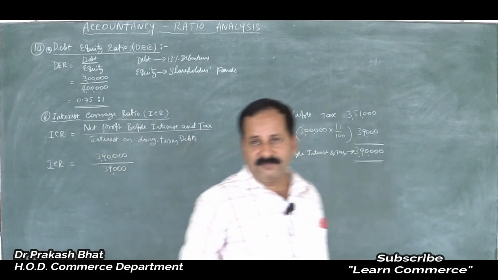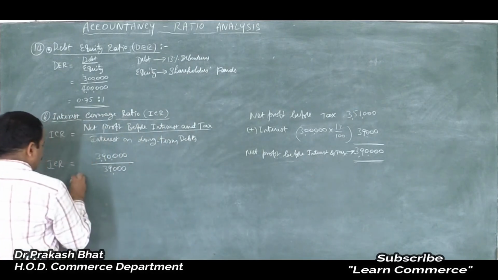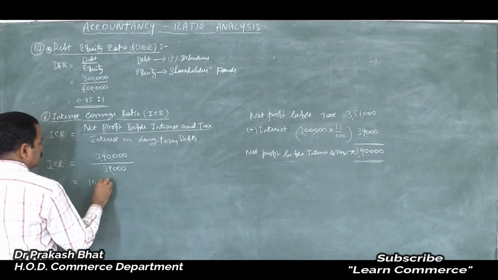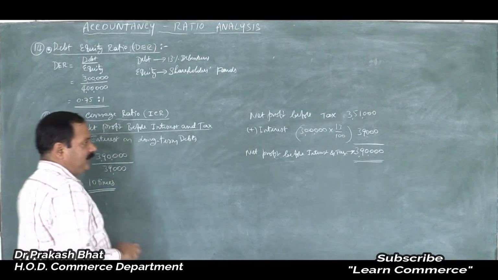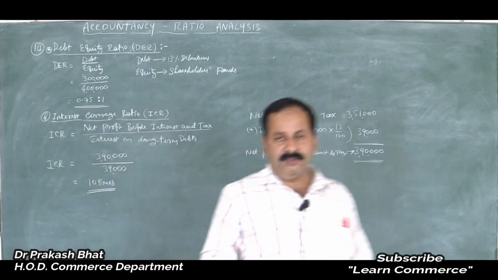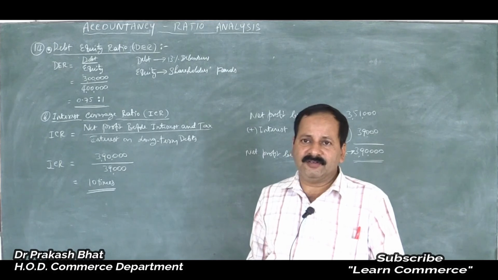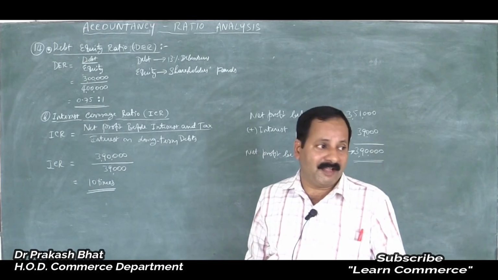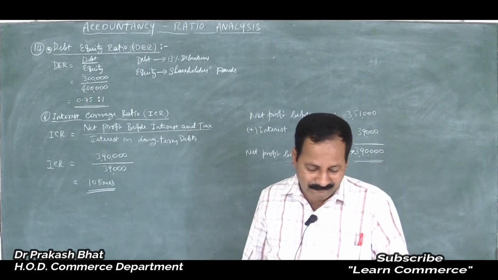Now calculate, that will be how much? Coverage ratio, it is 10 times. 10 times, not 10:1. It is coverage ratio. So it is 10 times it covers. So that is what the interest coverage ratio is.